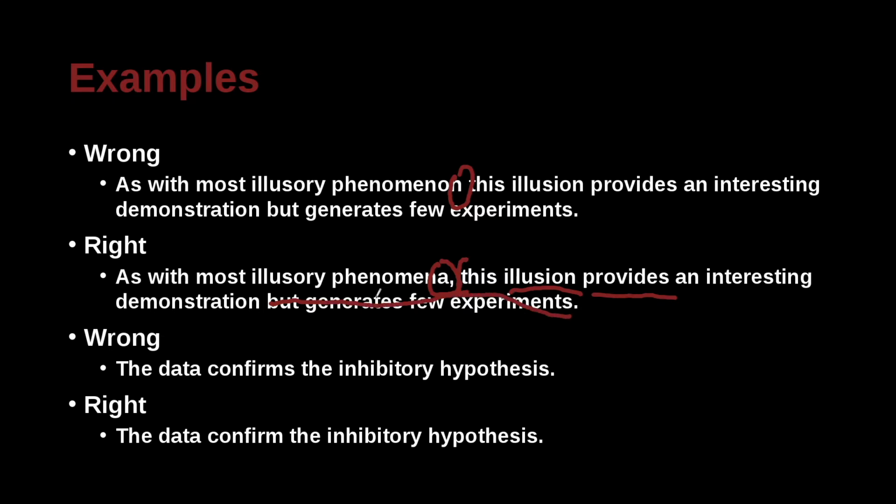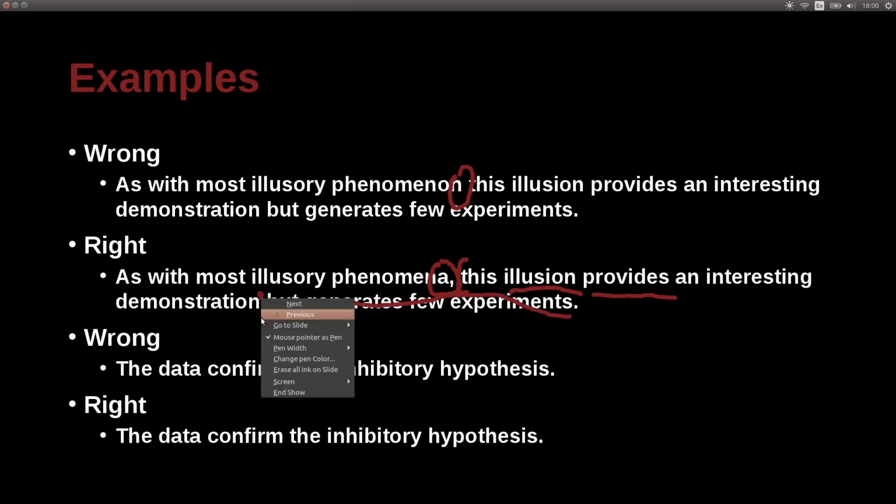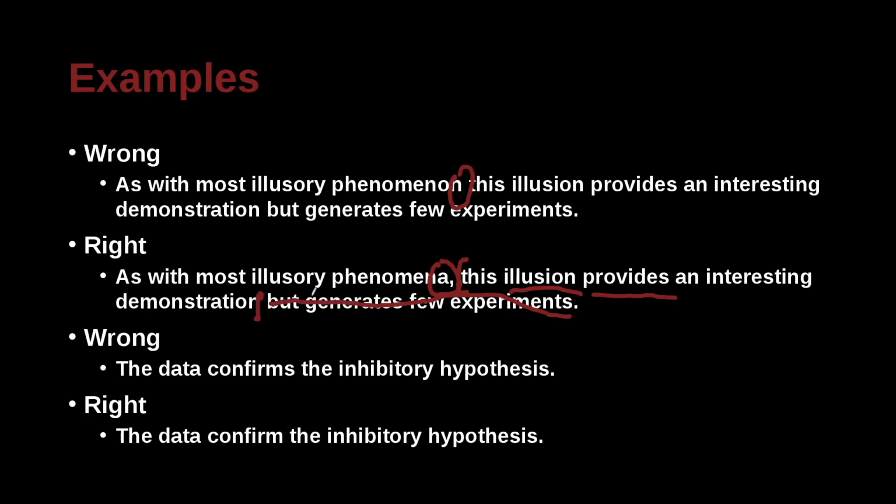The point is, right here, we have a whole sentence, don't we? This illusion provides an interesting demonstration. So that could be a whole sentence. It has a subject, it has a verb, it has an object. So if that's true and you put something before it, you need to have a comma because this is separated from that.